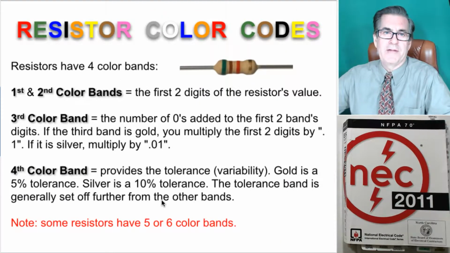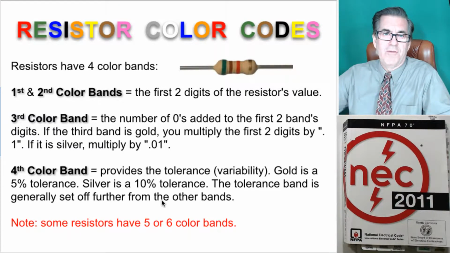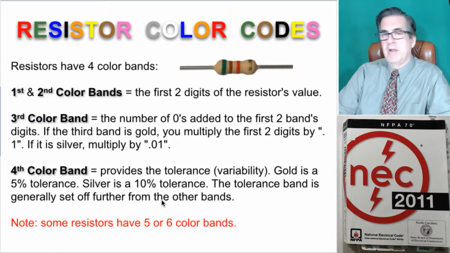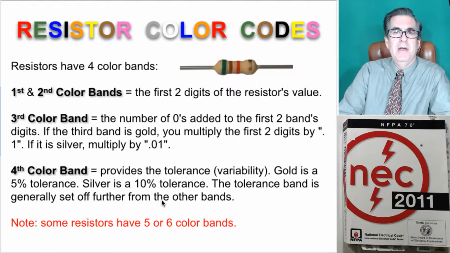Okay, so let's talk a little bit about the resistor here. Resistors have these color bands on them, and you read a resistor from the left to the right. When you look at a resistor, you'll see there's a gap between the color bands.